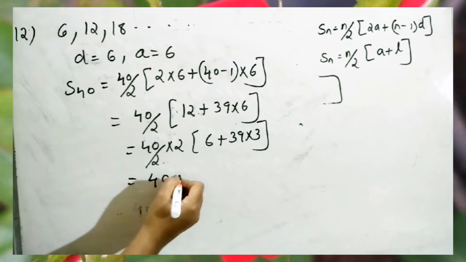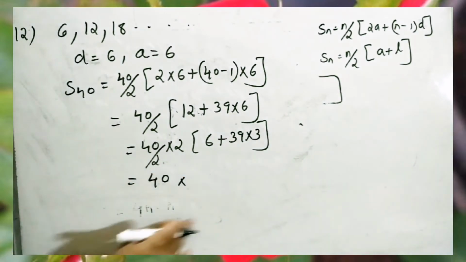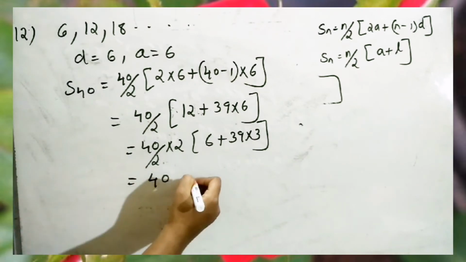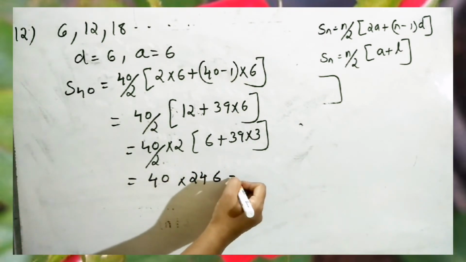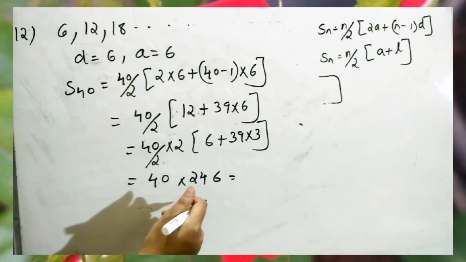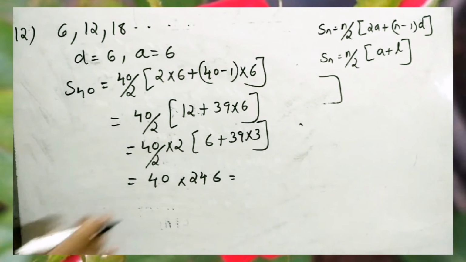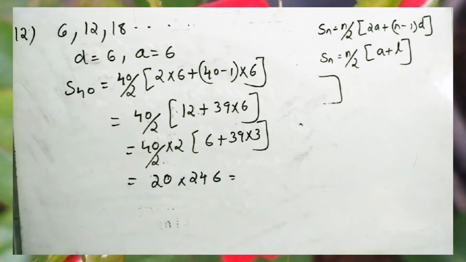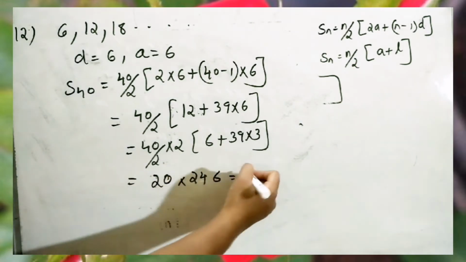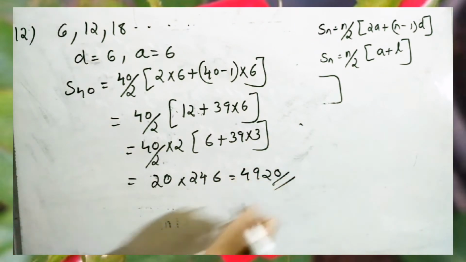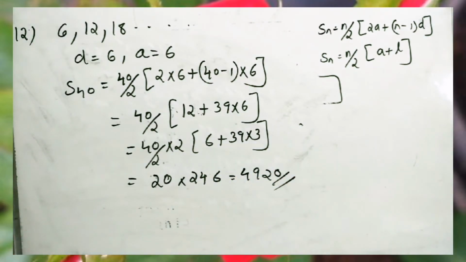That is 40 into 246 by 2, so 20 into 246 we will get, and that is 4920. That means the sum of first 40 positive integers which is divisible by 6 is equal to 4920.